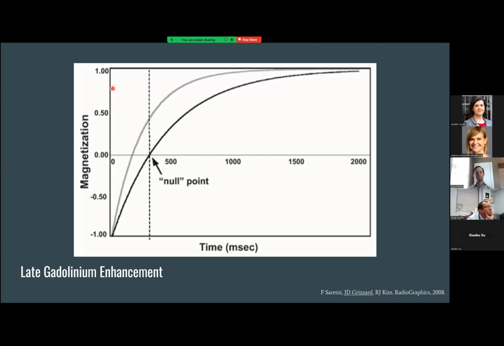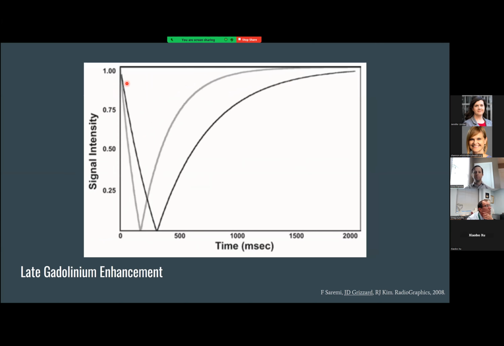We typically are doing a 180 flip and then watching all the spins come back. But what we measure in terms of signal is the absolute value. So if we were to take the absolute value of this graph, we just take that negative part of our exponential curve and we flip it, so it's curved in the opposite direction.